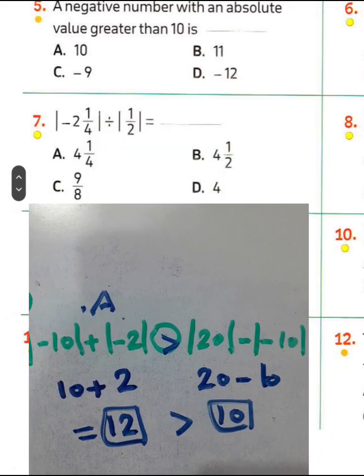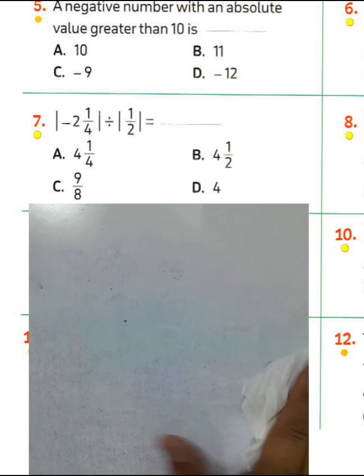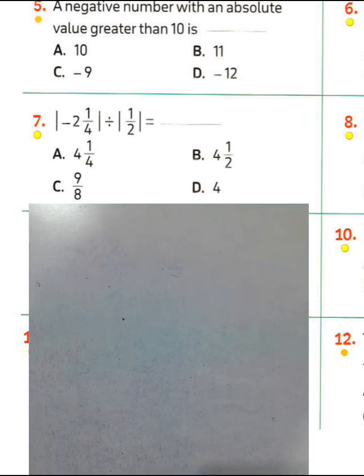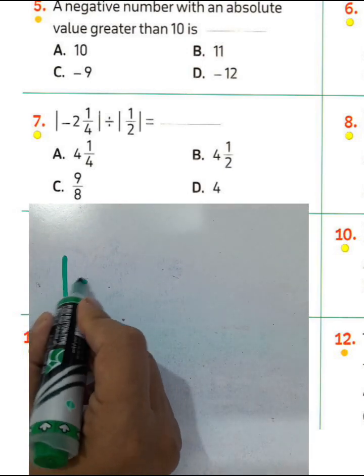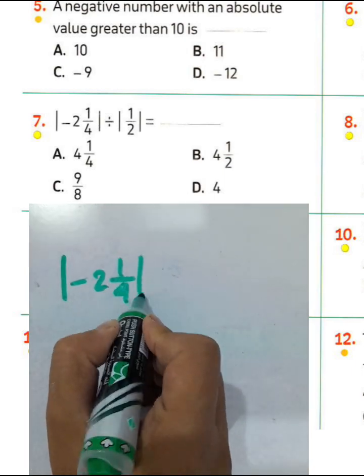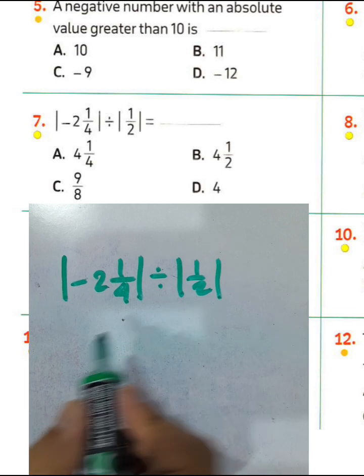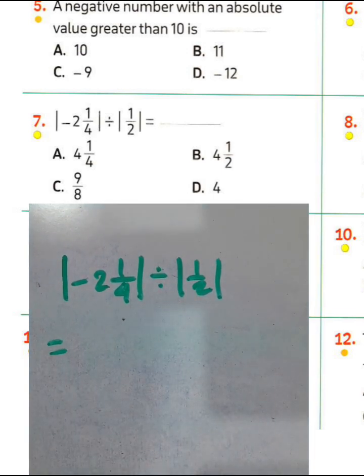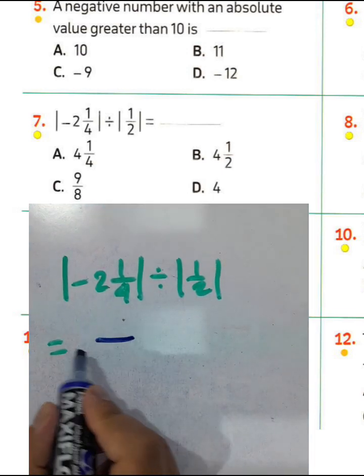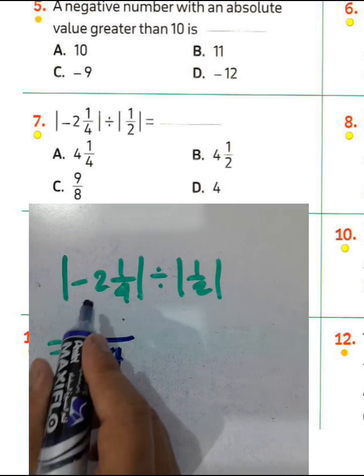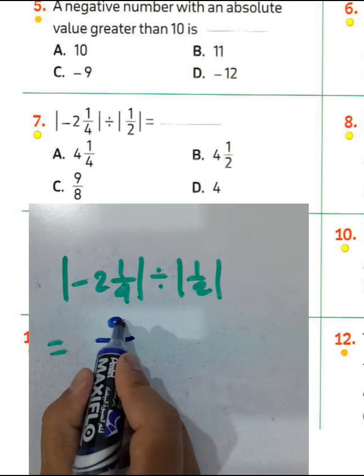Question 7. The absolute value of negative 2 and 1/4 divided by the absolute value of half. In this example, we can find the result. It will be positive. 2 times 4 equals 8. 8 plus 1 equals 9.